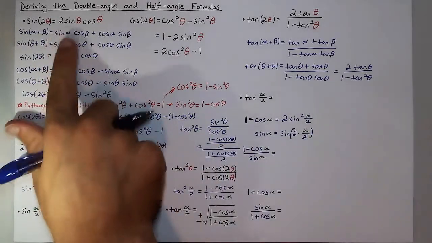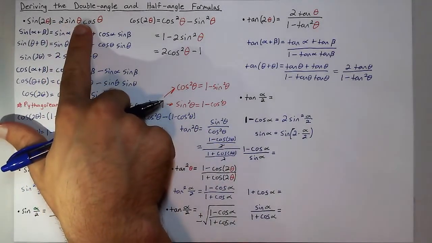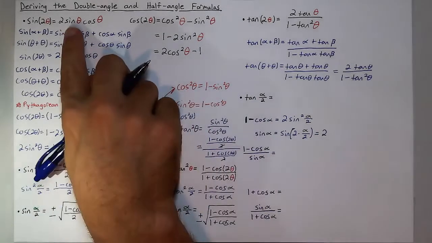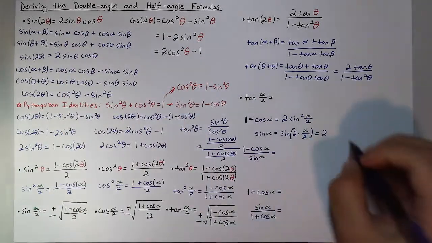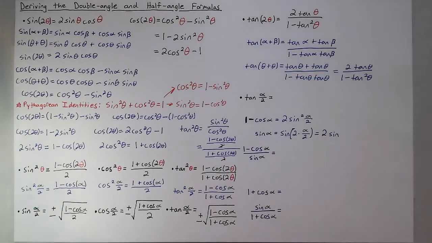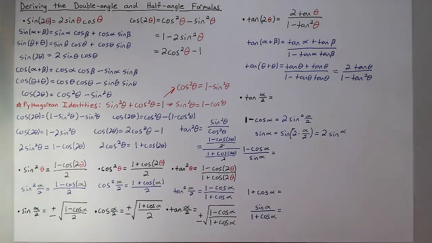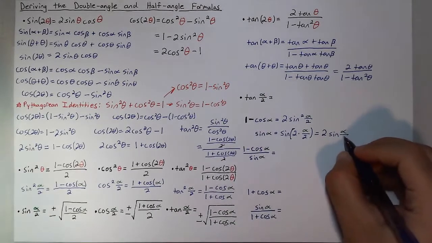And by using this double angle formula, I can get 2 times sine of alpha over 2 times cosine of alpha over 2.